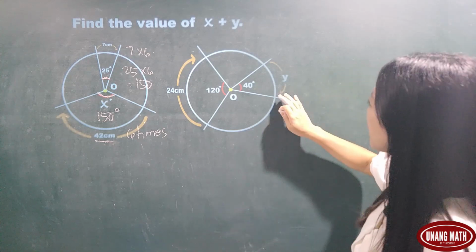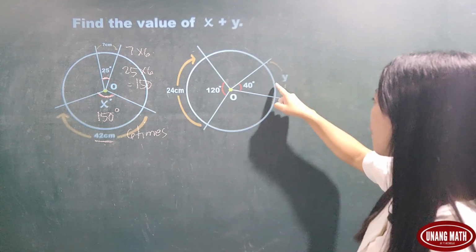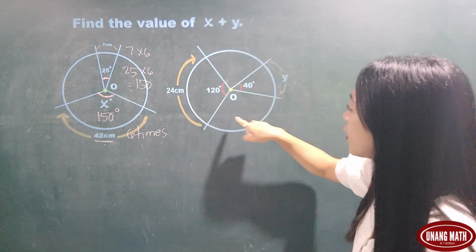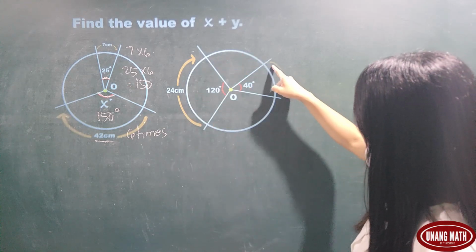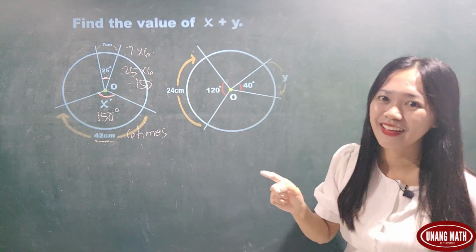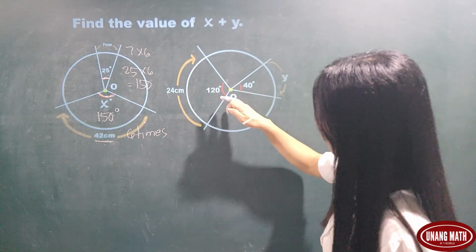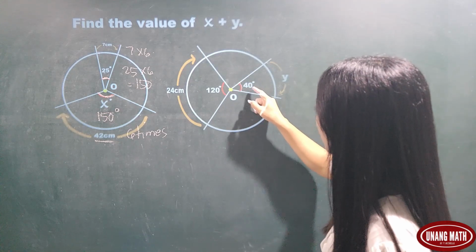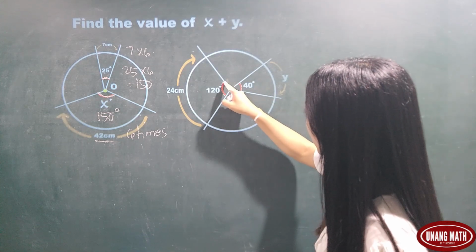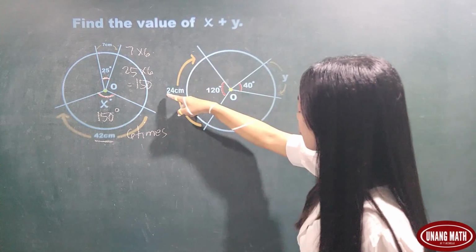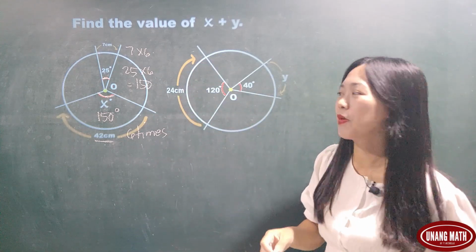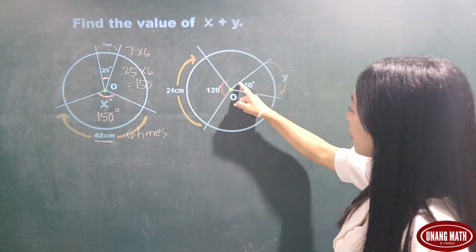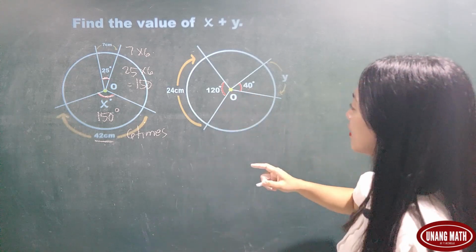Okay, what about y in this figure? Y here is the measure of this arc. Let's take a look at our clues here. This central angle is 40 degrees. This is 120 degrees. And this arc measures 24 centimeters. Take a look at these two central angles.